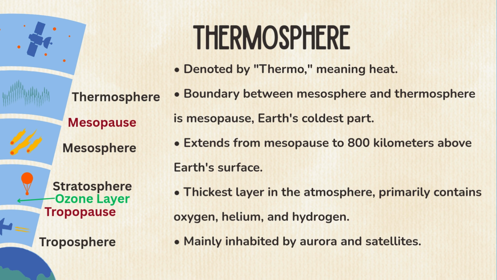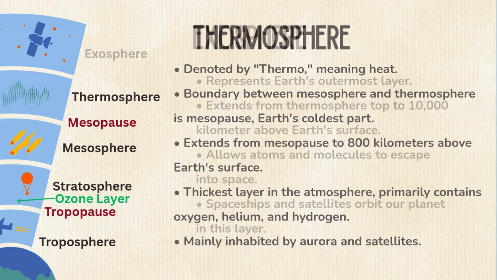Despite its extremely high temperatures, the air here is very thin, consisting mostly of the lightest gases such as oxygen, helium, and hydrogen. The thermosphere is also home to fascinating natural and technological phenomena. It is the region where dazzling auroras light up the sky and where most satellites orbit the Earth.